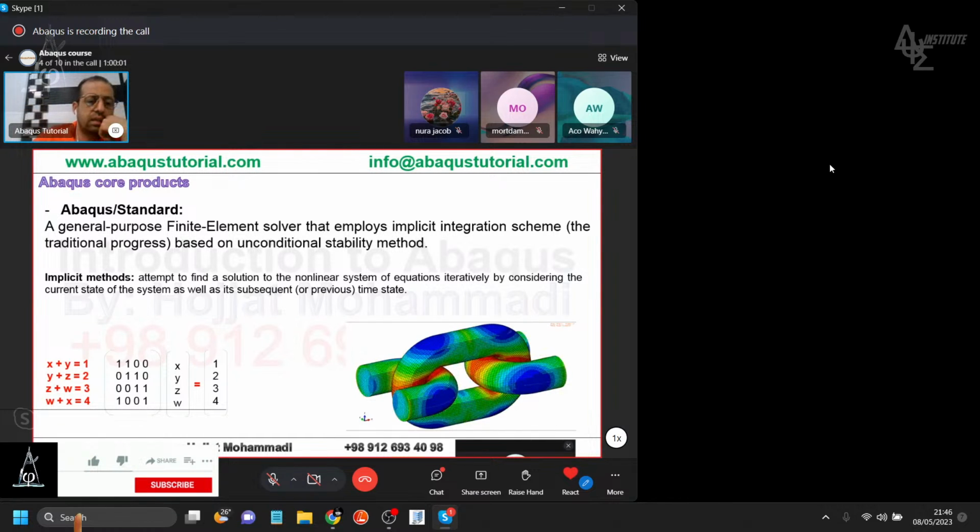As you can see at the bottom side of the slide, for example, there is a system of equations with 4 variables. x plus y equals 1, y plus z equals 2, z plus w equals 3, and w plus x equals 4. Okay.